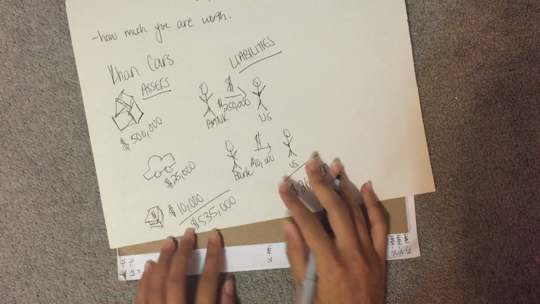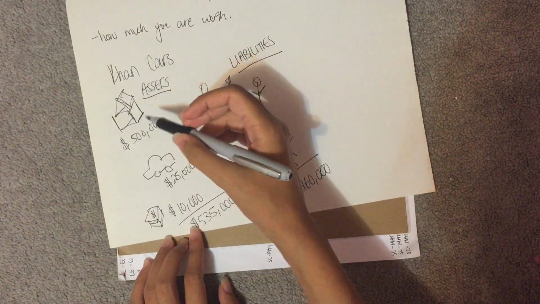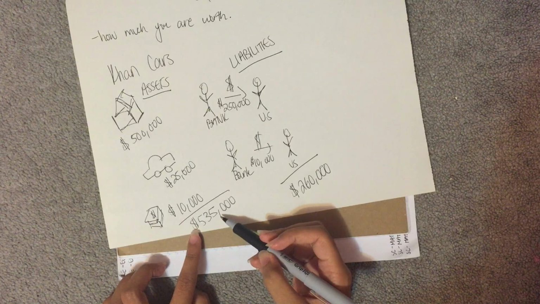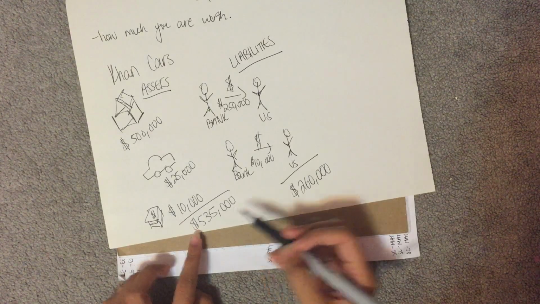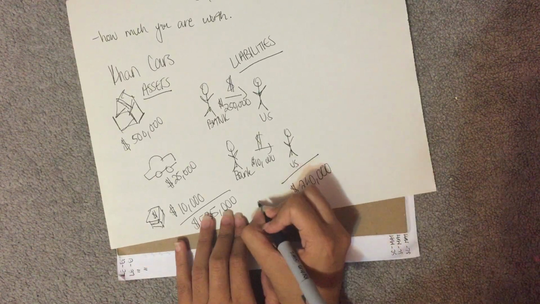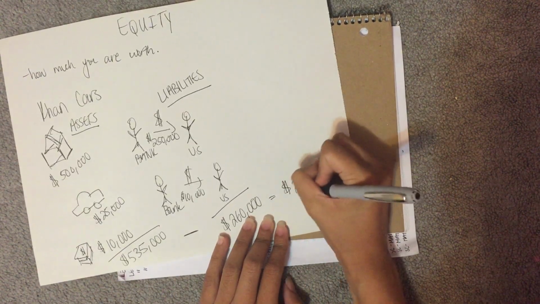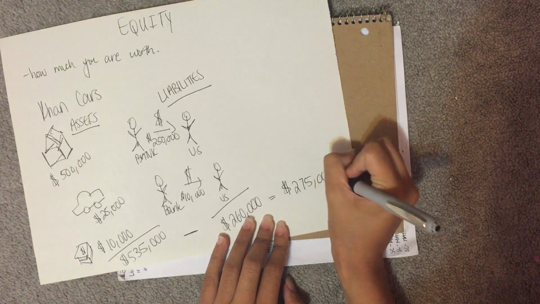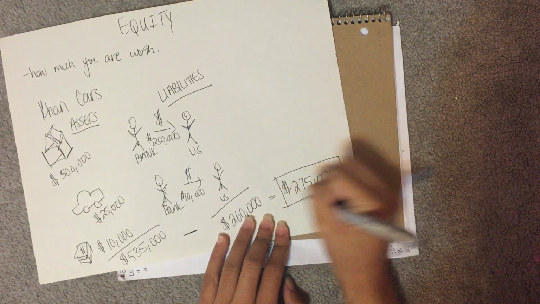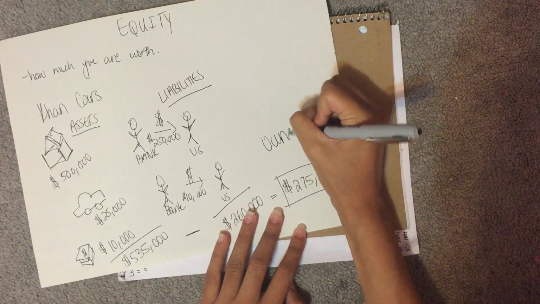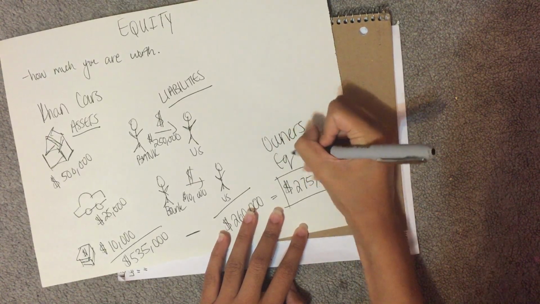So we take our assets. If we were to sell our car, our house, and keep our cash, and have $535,000 and pay off $260,000, we would have $275,000. So this is how much our company is worth. So that is our owner's equity.